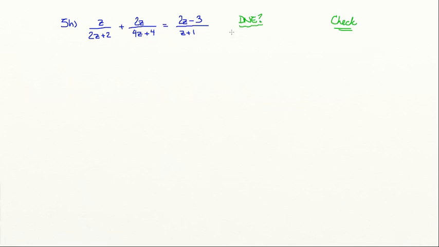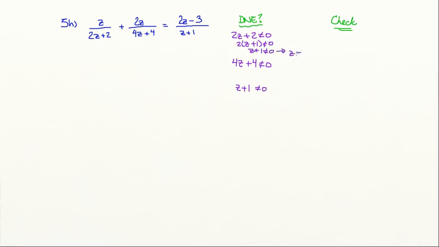It's just easier. So I have 2z plus 2 cannot equal 0. I have 4z plus 4 cannot equal 0. And z plus 1 cannot equal 0. So I'm taking that directly from the question. And then now I'll just factor this. And so I have z plus 1 cannot equal 0.